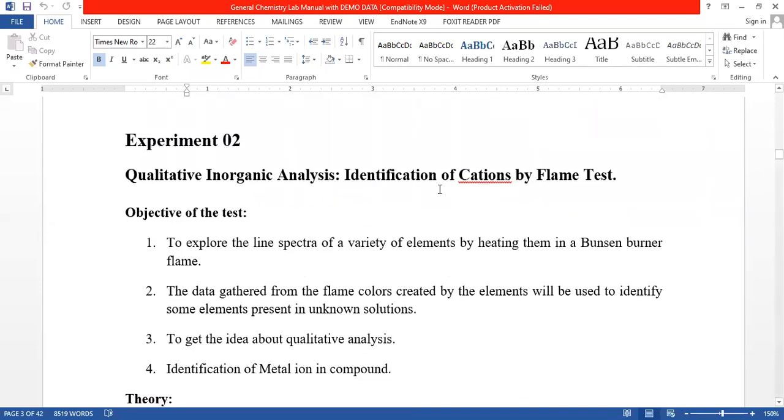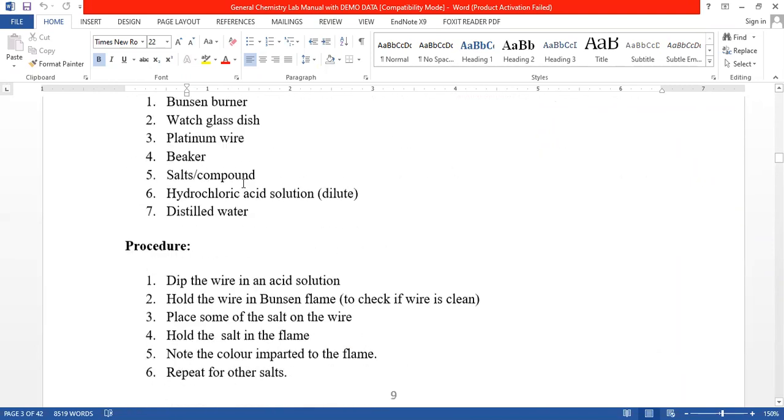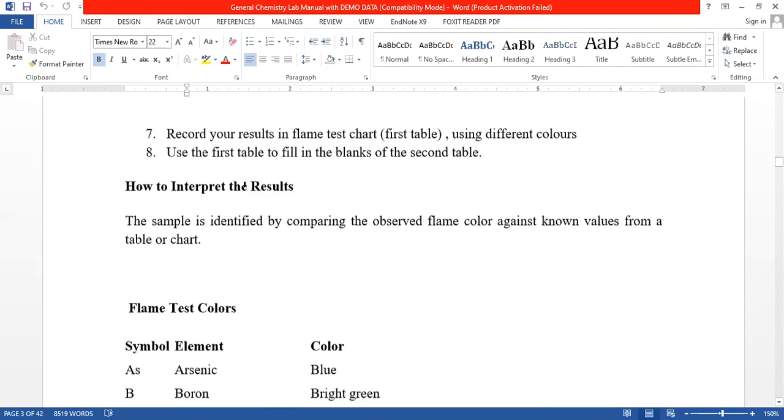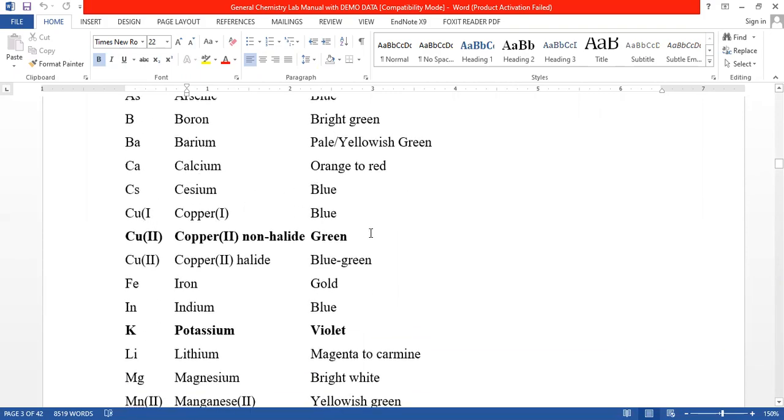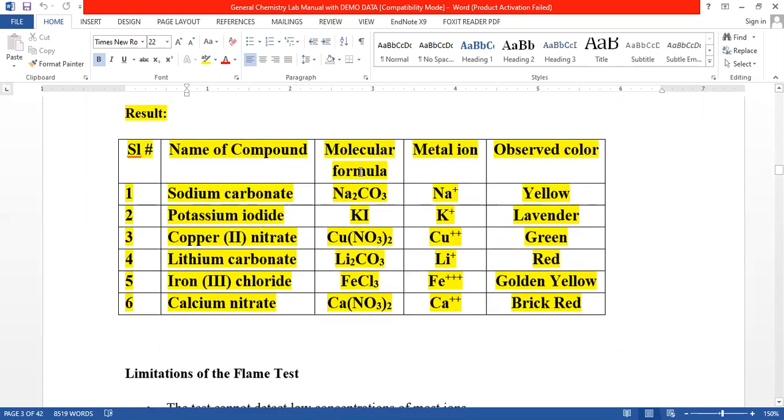Qualitative inorganic analysis, identification of cation by flame test. You can just follow the manual as it is: objective, theory, apparatus, procedure, and this table. Also the limitation. What you will do is leave this table blank, because we still do not know which compounds we are going to analyze in our laboratory.